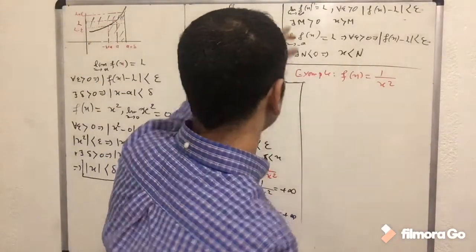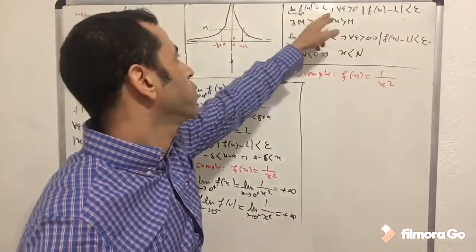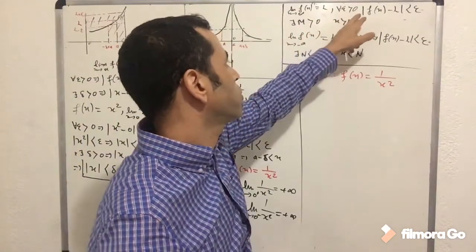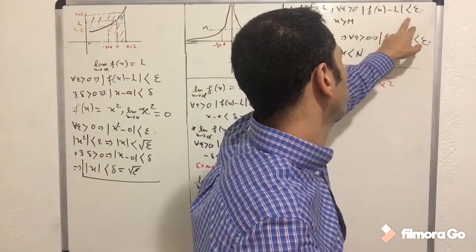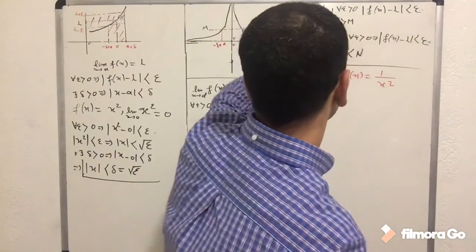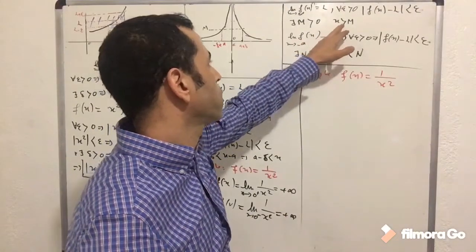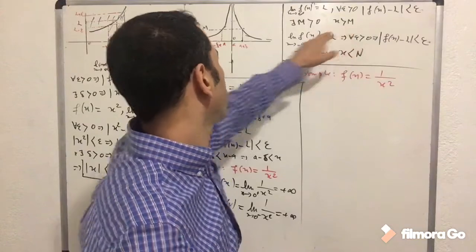The final example: the limit of f of x when x is approaching plus infinity gives you L as a limit. For all epsilon greater than 0, the absolute value of f of x minus L is strictly inferior to epsilon. There exists m strictly superior to 0 such that x is always greater than m, as you see here.